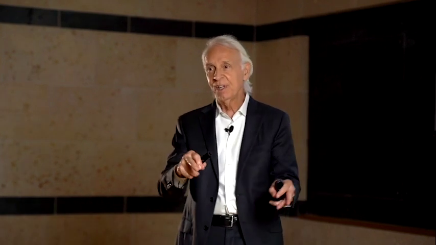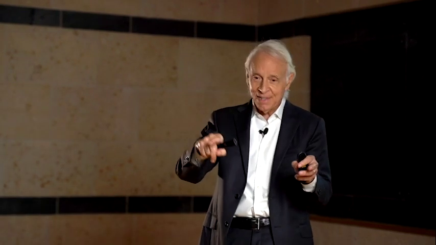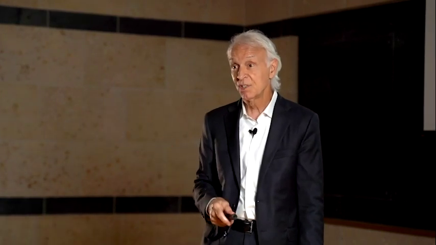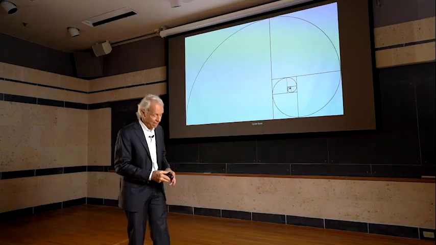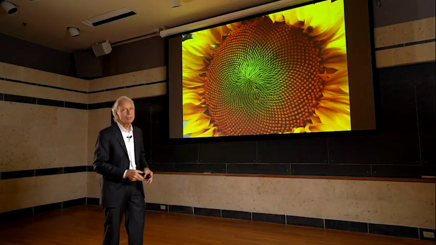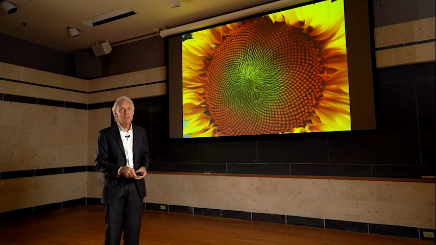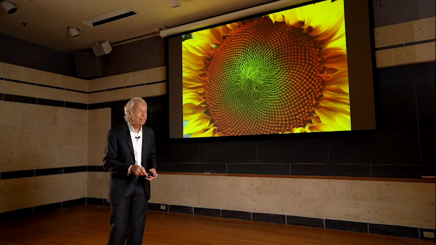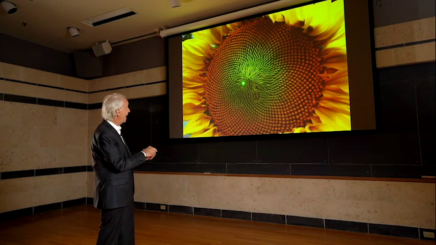If you go surfing and you shoot the gap, the inside of that wave is a golden spiral. Most birds have claws and beaks that are in the shape of a golden spiral. It's everywhere in nature.